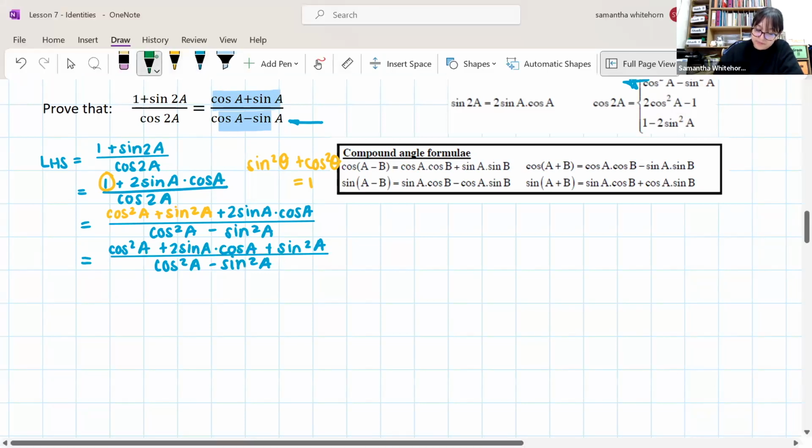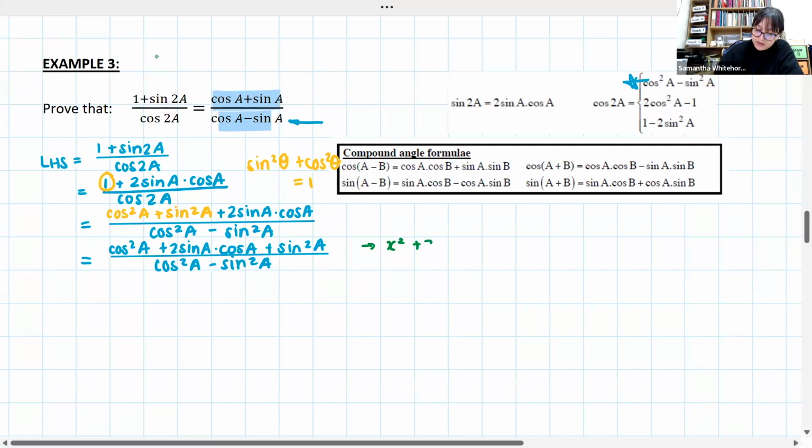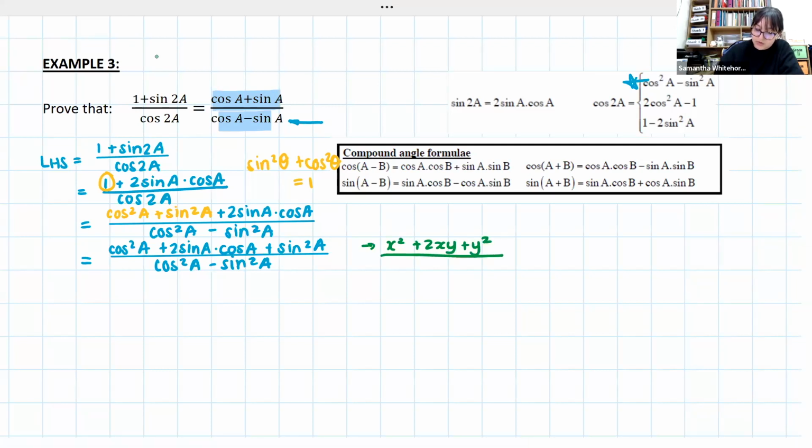So this would be x squared plus 2xy plus y squared, all over x squared minus y squared. So use algebra if you need to, just as long as you say let x equal sine a and y equal cos a, I then know what you're doing and you can use the algebraic form of this.